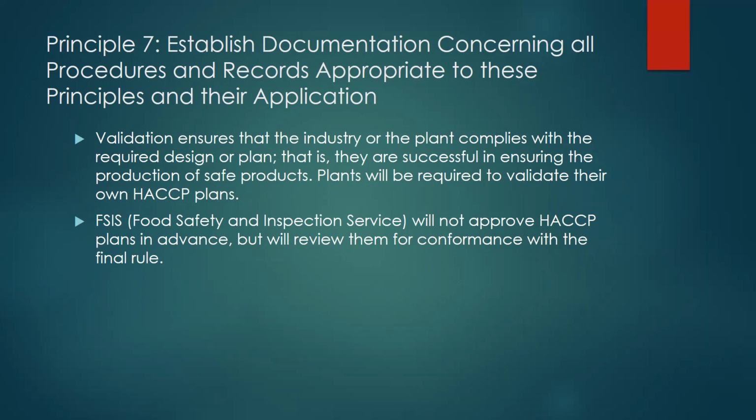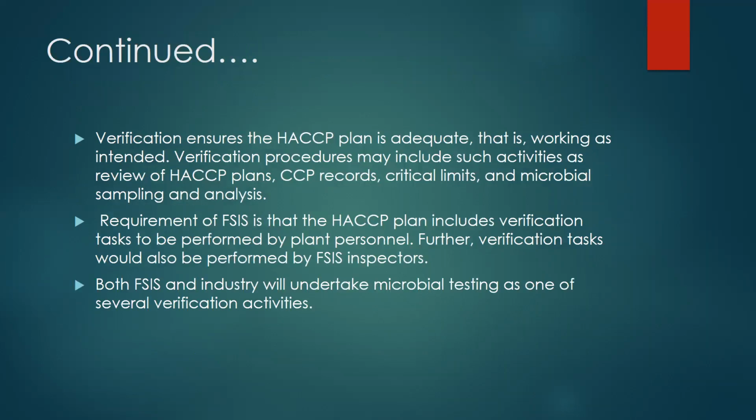The Food Safety and Inspection Service will not approve HACCP plans in advance, but they will review them for conformation with the final rule. Verification ensures that the HACCP plan is adequate and working as intended, and verification procedures may include activities such as review of the HACCP plan, CCP records, critical limits, microbial sampling, analysis, etc. Both FSIS and industry will undertake microbial testing as one of the several verification activities, and the requirement of FSIS is that the HACCP plan include verification tasks to be performed by the plant personnel, and verification tasks could also be performed by FSIS inspectors.